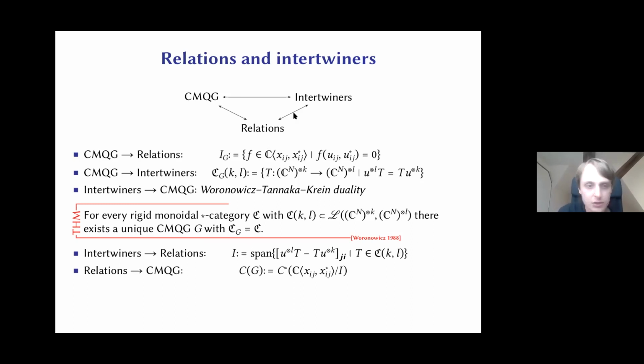I will, of course, not prove this theorem, but one way to prove this is exactly going through those relations. So if some T has to be an intertwiner, then this by definition means that this equality holds, and I can consider this equality and treat it as some relations that I want to impose in my algebra.